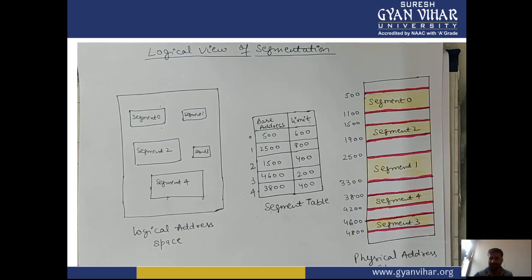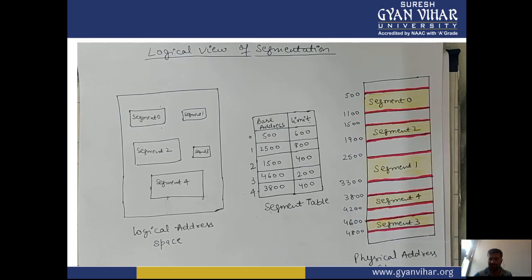And after that there is some free space, and after the free space we have segment 1. The starting point of segment 1 is 2500, and the limit of segment 1 is 800. So we can add 2500 plus 800 is equal to 3300, right?